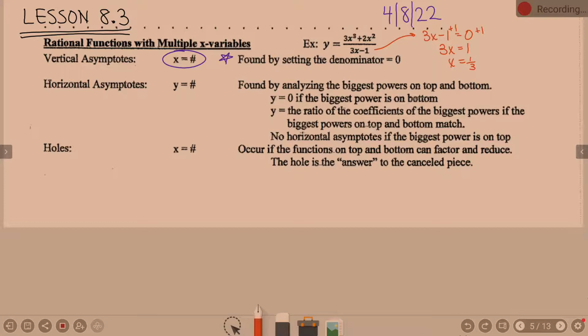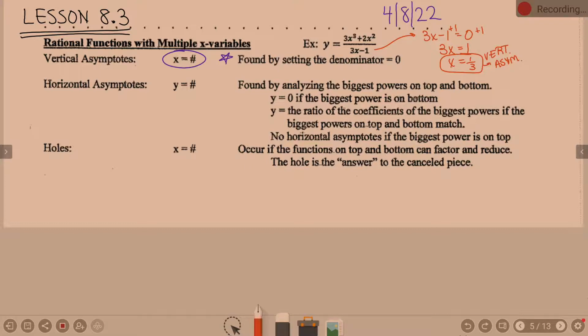That's an example of how you find a vertical asymptote. And as I said, we'll use that example and you'll be using that in homework.